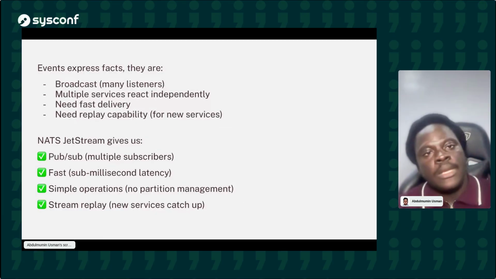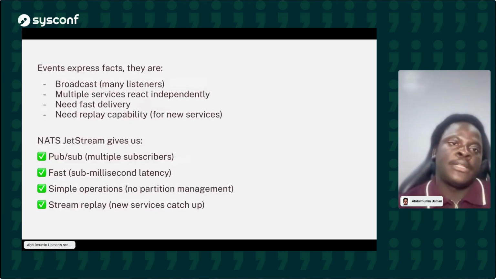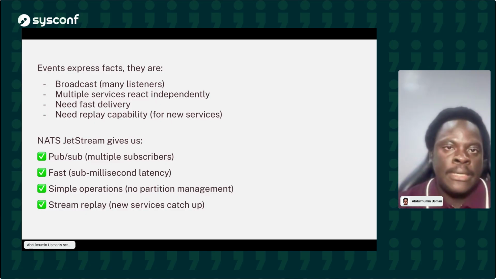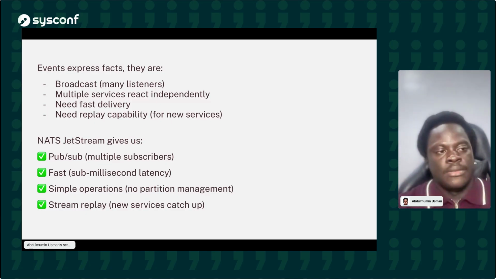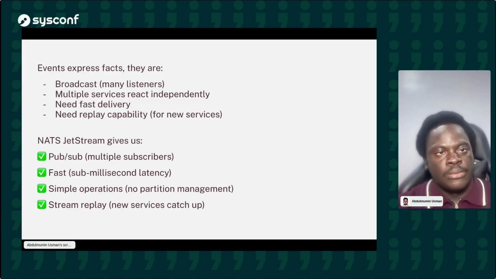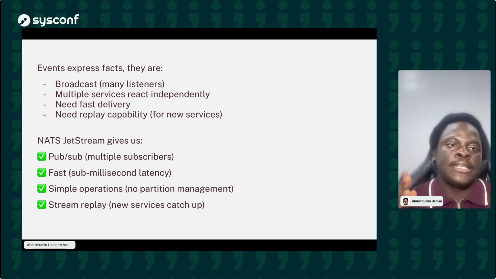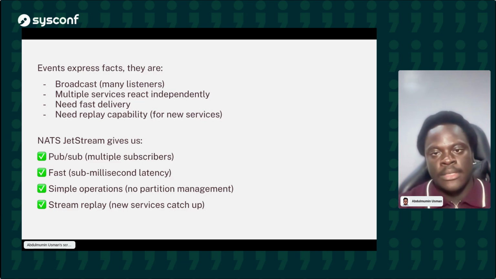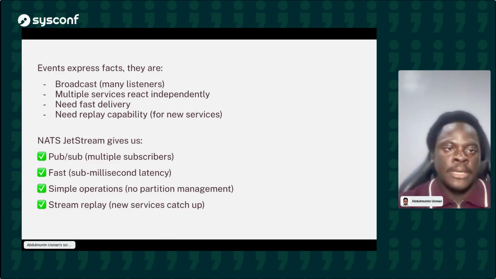Then for the events part of the messaging, events are just facts. They express something that has happened. Generally events are just broadcast. You have many listeners, maybe a producer and different consumers.